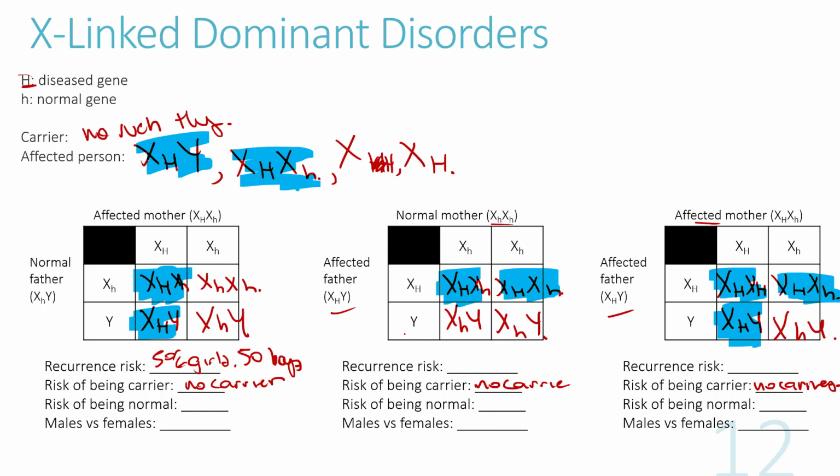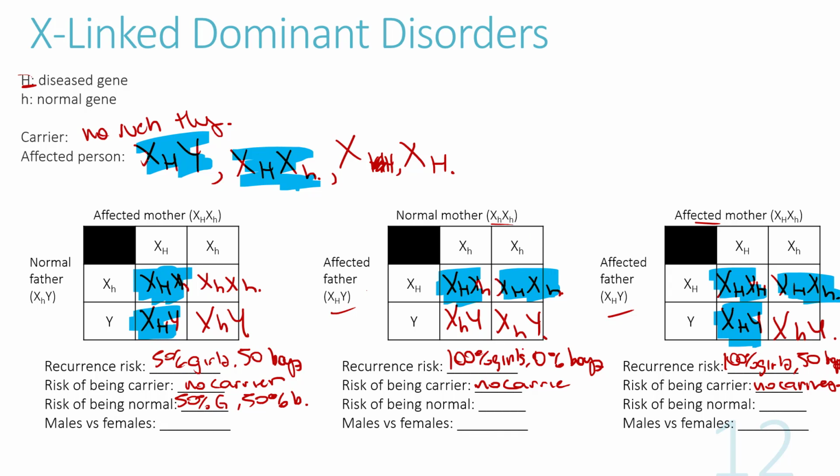Normal mother, affected father is 100% for girls, 0% for boys. And affected mother, affected father, 100% for girls and 50% for boys. Okay, and then I said there's no normal, and so the rest, 50% chance of being normal is 50% girl, 50% boy, if you have an affected mother and a normal father.